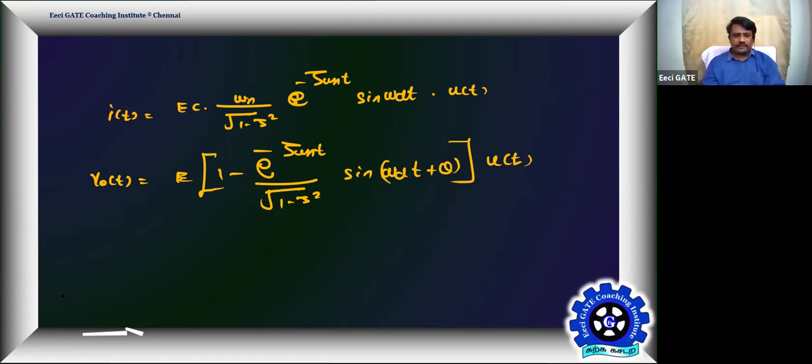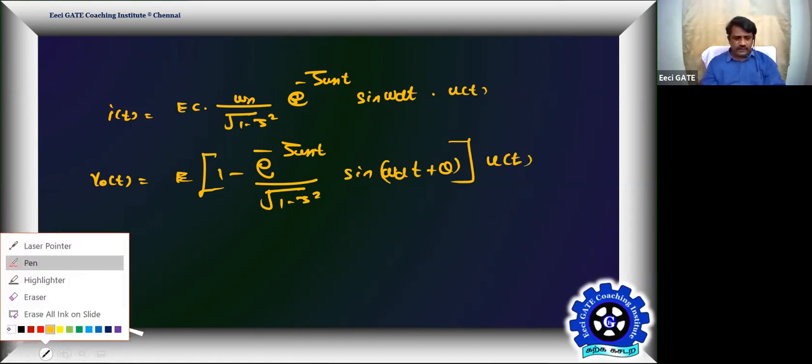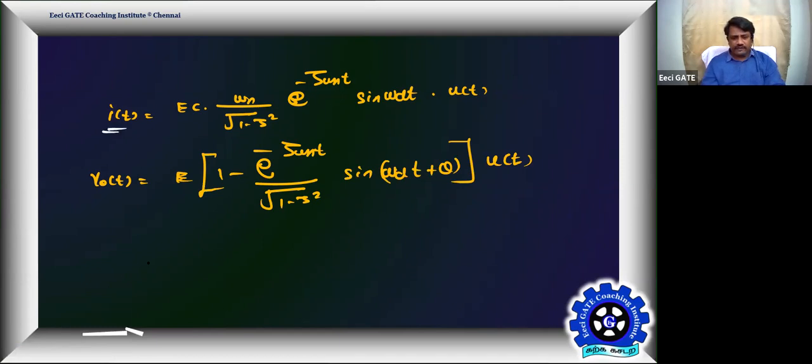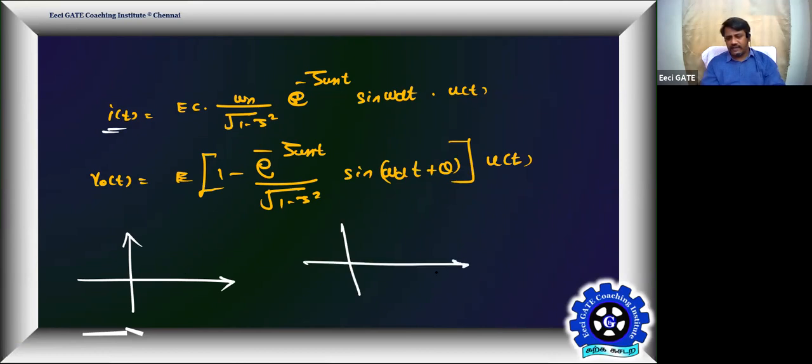That's all. If you plot the two responses, we already know i(t) will be like this and v0(t) will be like this.